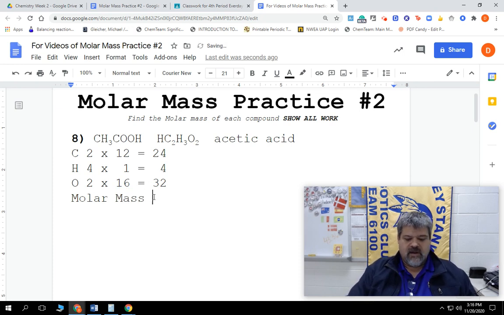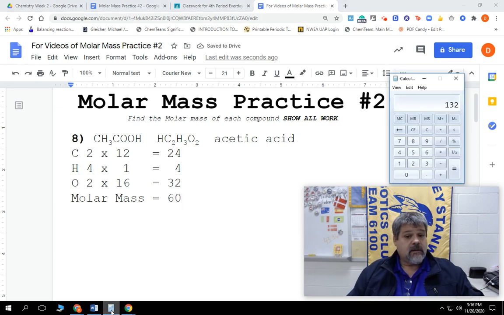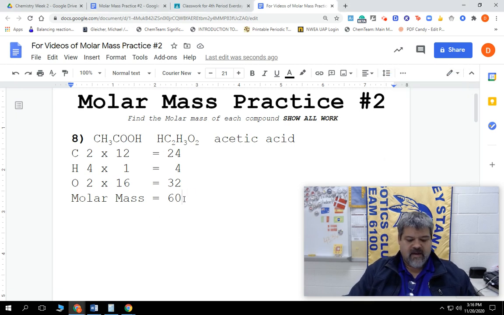And that is going to equal the total of what we have right here. 4 plus 4 is 8, plus 2 is 10. Bring that over, so we have 60. Let's double check. 24 plus 4 plus 32 equals 60. So the molar mass is 60.